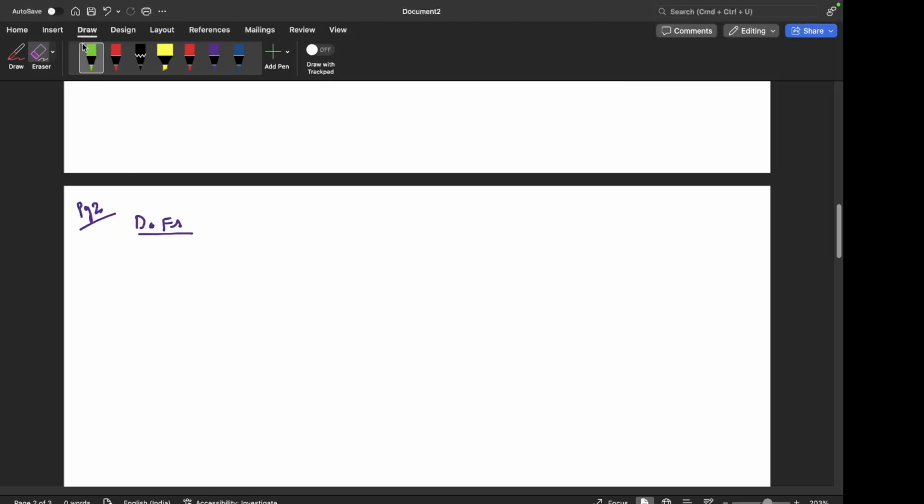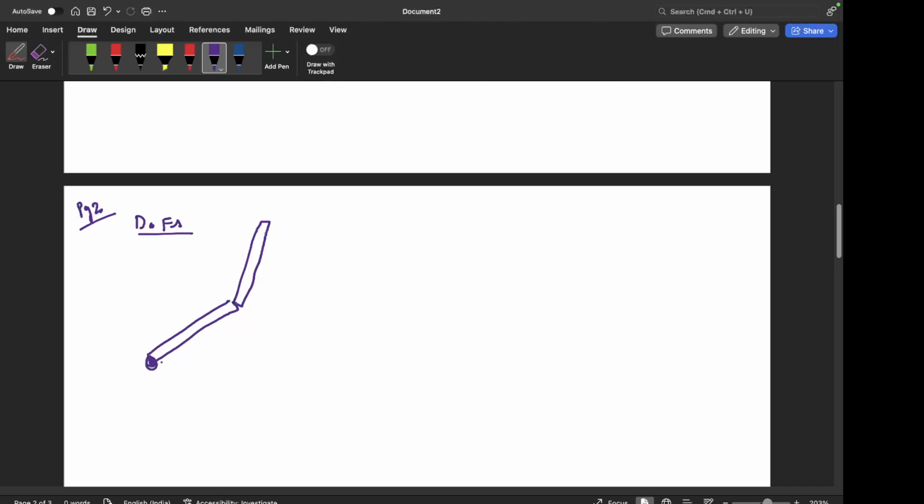Draw in the same orientation. So let me draw in the same orientation. This is the first link. This is the second link.